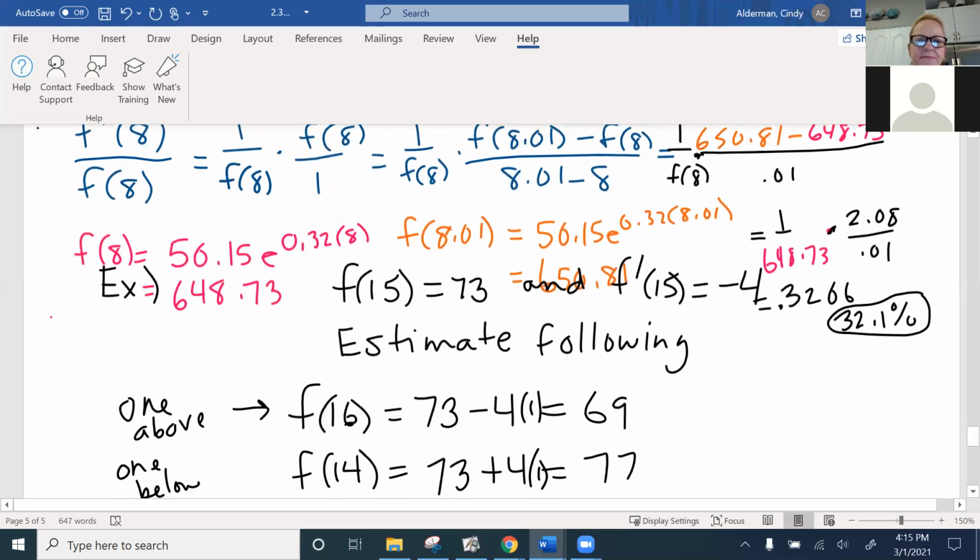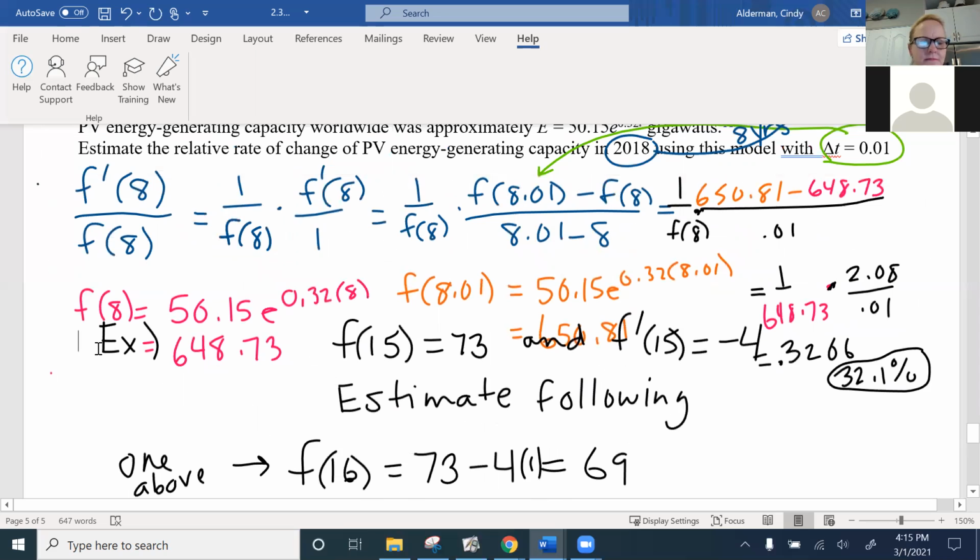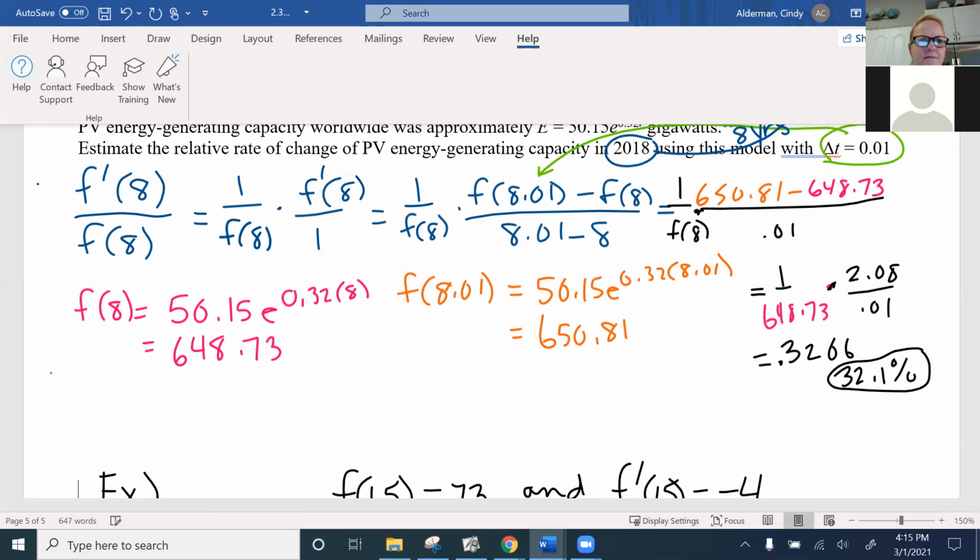Okay, go ahead. So it's 1/648.73. Is that number being multiplied by the 2.08 over 0.01? Is that how you got the 0.3206? Yeah, I'm taking 1 and multiplying it by that, and then I'm taking this and multiplying it by that. And so I'm dividing this by this times this.